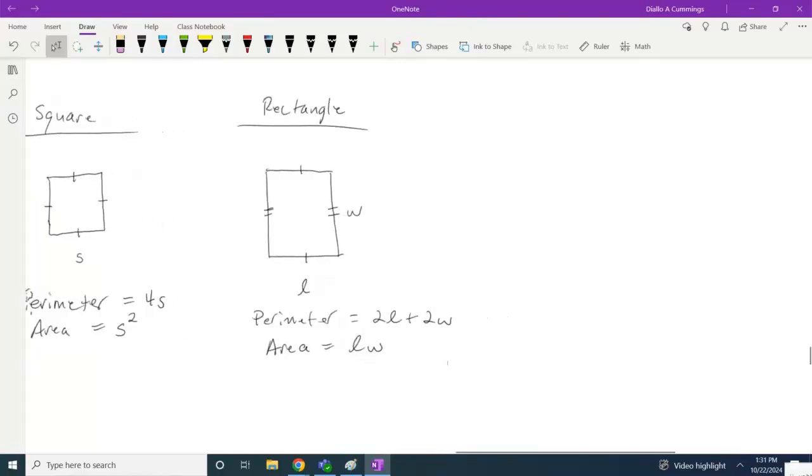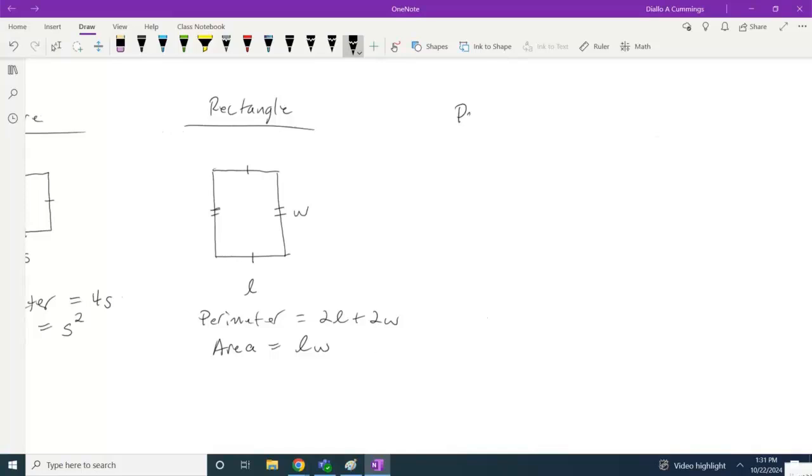Okay, and there's also another figure that they deal with, and it's the parallelogram. A parallelogram is a quadrilateral, right? Quadrilaterals have 4 sides. For a parallelogram, the opposite sides are parallel and congruent. So it's sort of like a rectangle, just skewed a little bit.